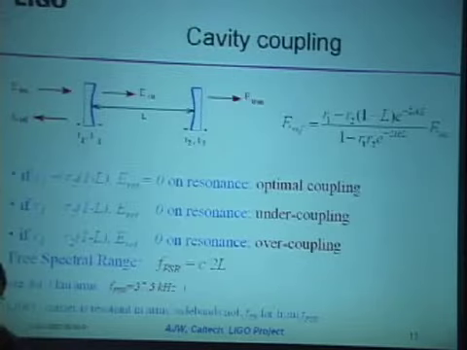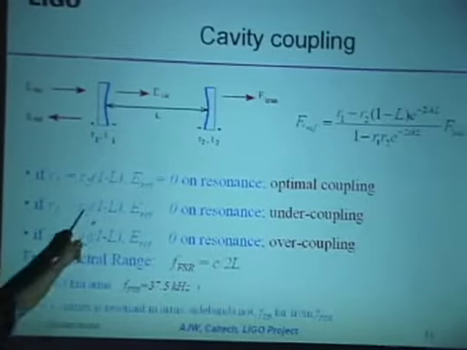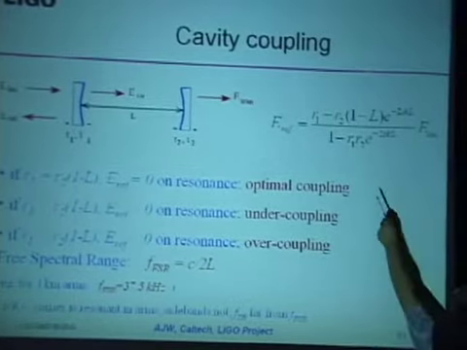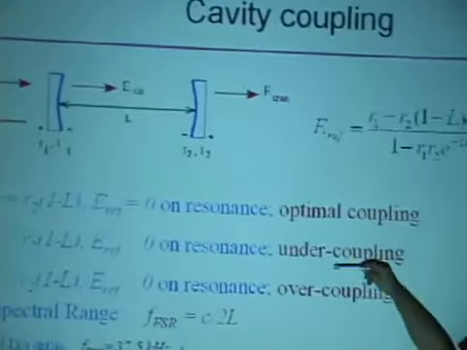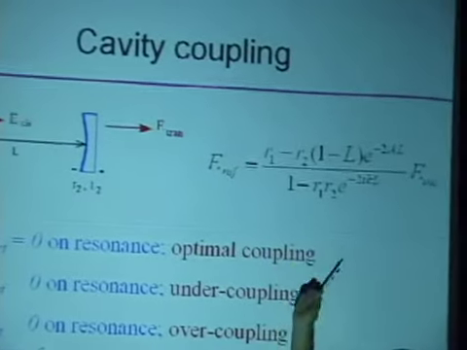Good. So I'll give you the answer. Anyway, let me just remind you that if you do have a simple cavity like this, then depending upon the R1 and R2, the reflected light could be 0, and that corresponds to being on resonance, and that corresponds to optimal coupling. That means no reflected light, all the light is transmitted.